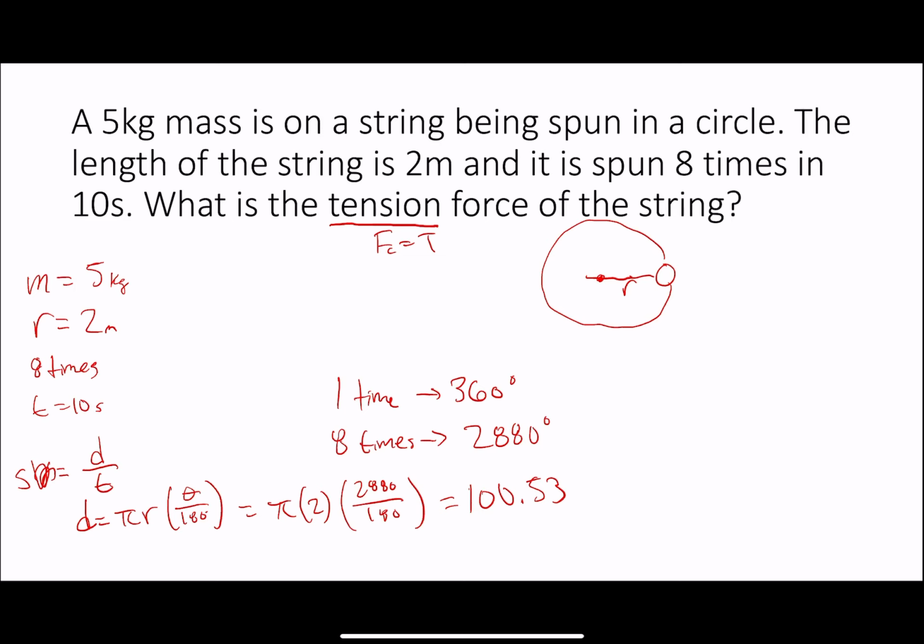And it says for our speed, we're dividing that by time. So 100.53 divided by 10. We get 10.053. And this is our velocity. This is what we're going to plug in here, because remember that in the equation, Fc equals mv squared over r. Our v is just really our speed because we're moving at a constant speed. And so we're just going to plug it in.